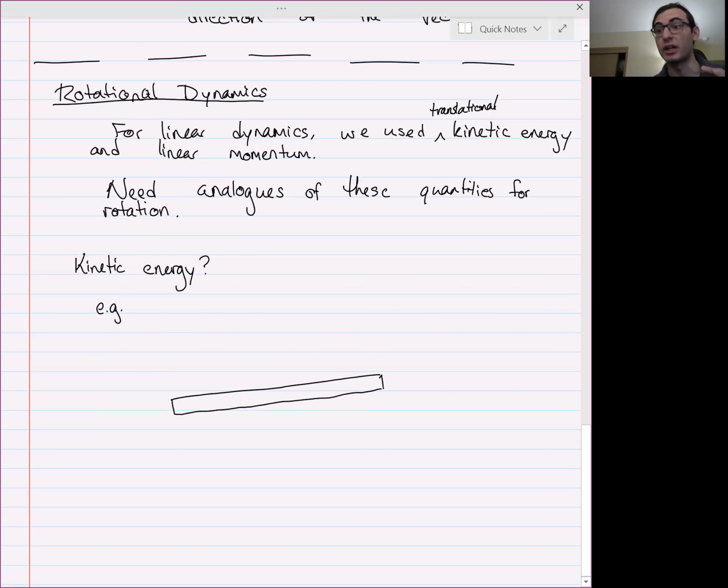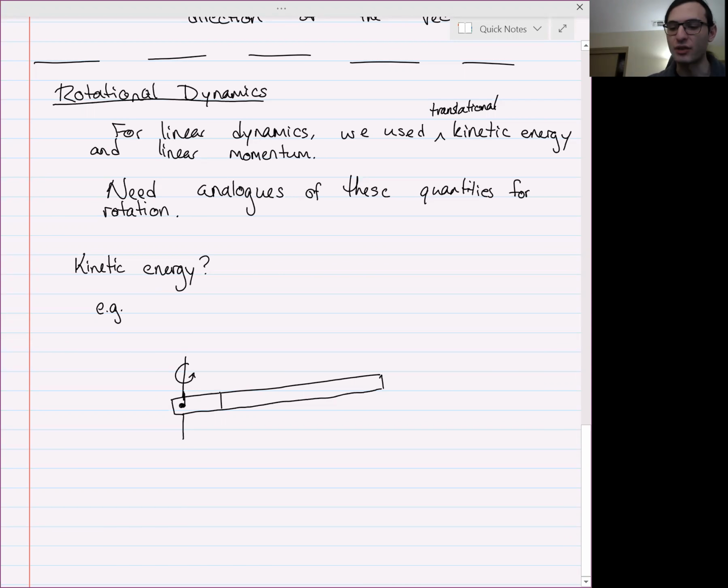Here we just have a solid rod rotating about this axis, say. If we want to find the kinetic energy of this rotation, that is, how much kinetic energy the whole thing has rotating, it should have some, right? Because there's some amount of mass over here, and that mass is moving, so that will have some kinetic energy.